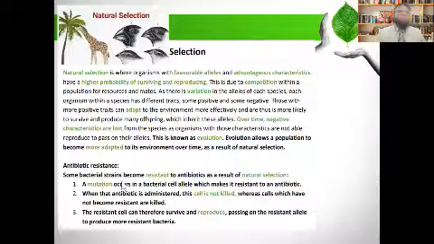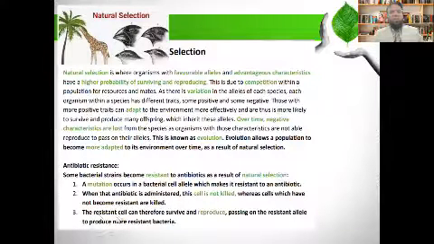So what exactly happened? Actually, the bacteria has some mutation. That mutation enables them to resist this antibiotic. So when that antibiotic is administered, this cell is not killed, whereas cells which have not become resistant are killed.